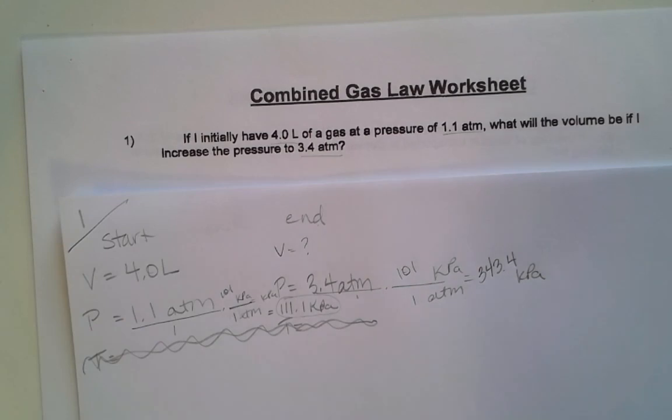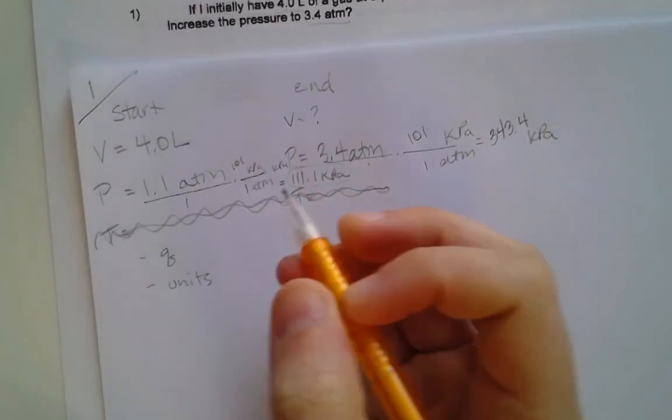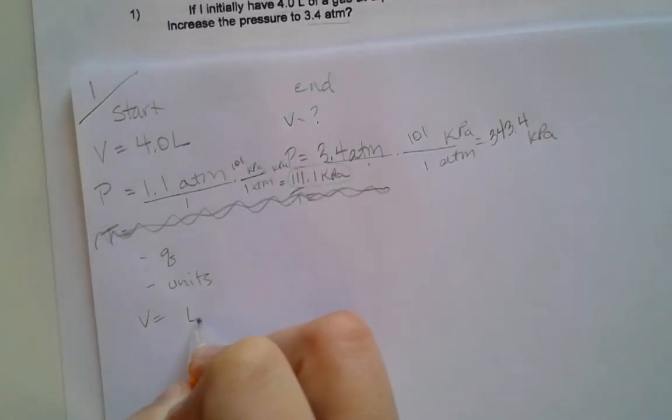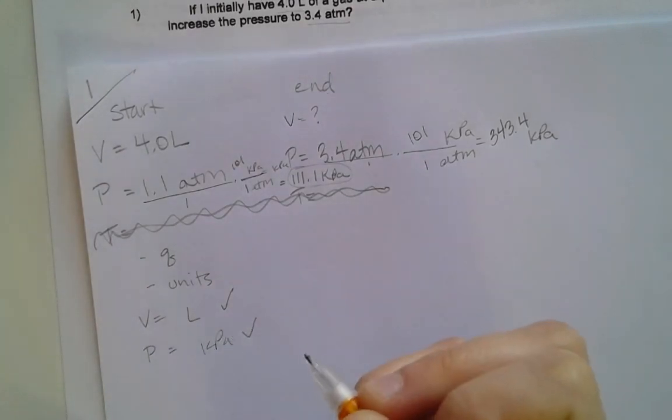We got our question translated, got our units. We want volume in liters, got that. We want pressure in kPa. We did those 2 conversions, we got that. On to step 2.